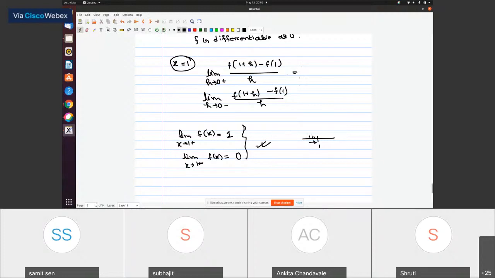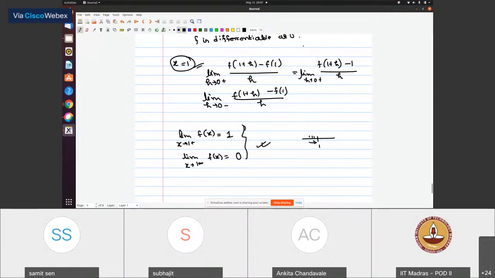So what I get here is the same kind of explanation. This is 1 plus h. And what is f of 1? f of 1 is 1, right? That is floor of x, right, sir? Yes, for x positive here, it is floor of x.